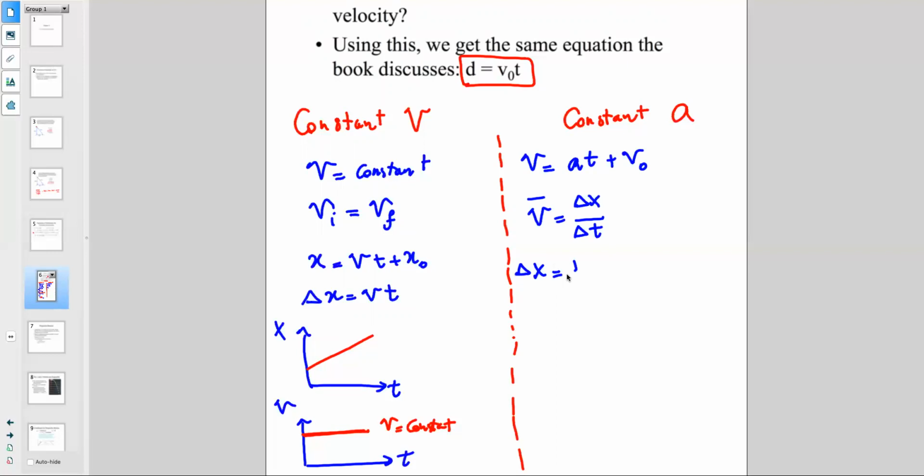Delta x is half a t squared plus v0, the initial velocity, times t, right? The time-independent equation: v squared minus v0 squared equals 2a delta x. What else did we have?